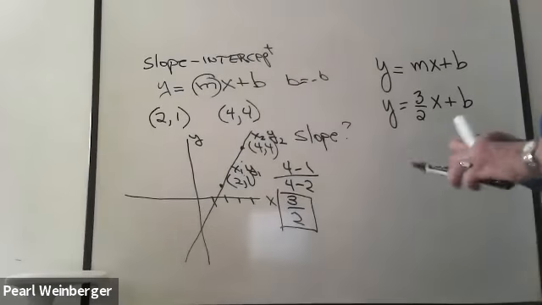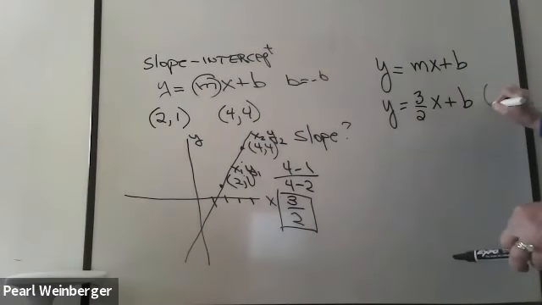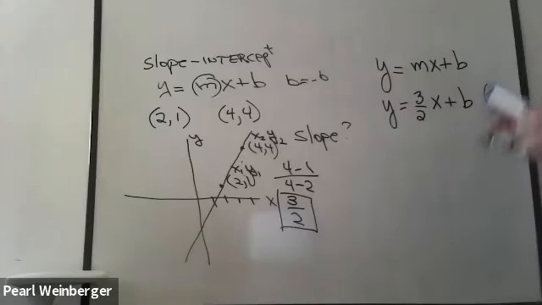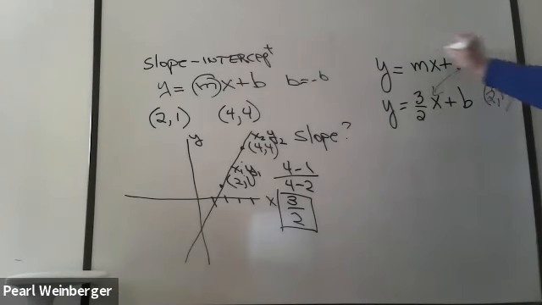Let's say I decide to take the point 2,1. What does it mean that I'm taking the point 2,1? Wherever I see the x, I'm going to put a 2. Wherever I see the y, I'm going to put a 1.